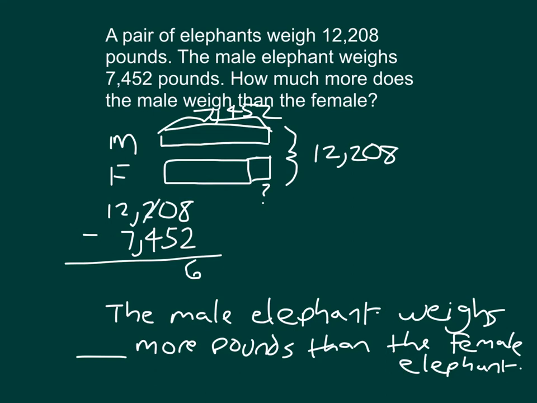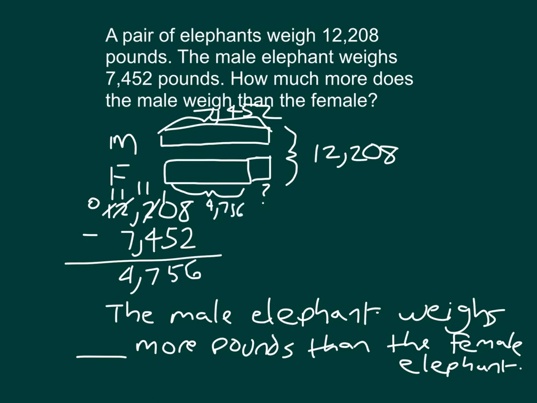So from the hundreds, we take one of those hundreds for 10 tens. 10 minus 5 is 5. 1 minus 4 can't do that. And we regroup then. 11 minus 4 is 7. And then one last regroup. 11 minus 7 is 4. 4,756. That there, however, is the amount that the female elephant weighs.